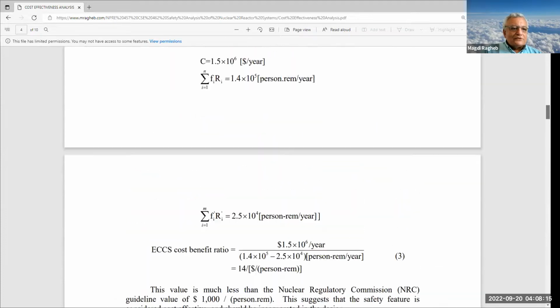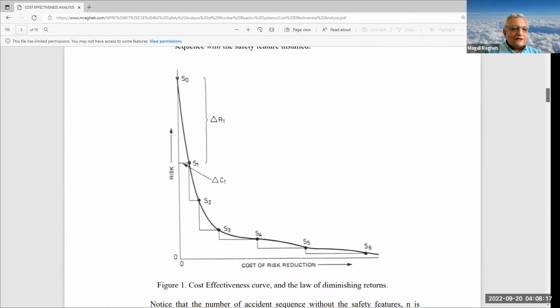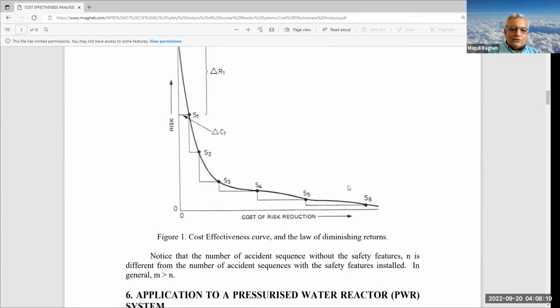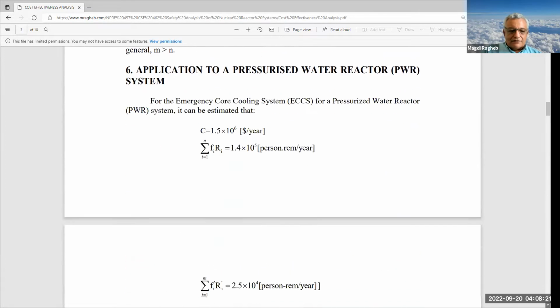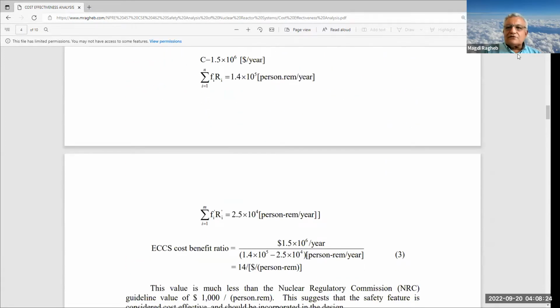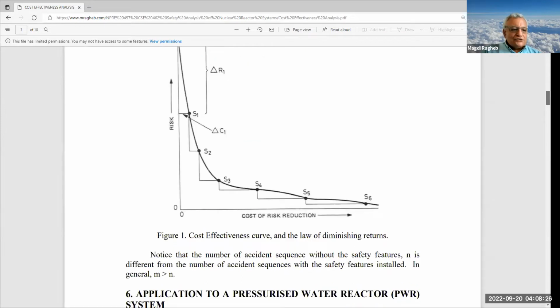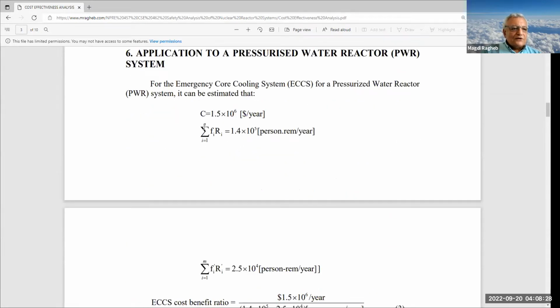All right, so we have two approaches really to risk reduction. The simple approach here is described in terms of the cost-benefit ratio. The cost-benefit ratio is basically the annualized cost of adding a given safety feature, say the emergency core cooling systems for a nuclear reactor.